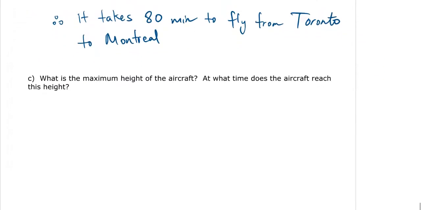Part C, what is the maximum height of the aircraft? At what time does the aircraft reach this height? So the maximum height is at the vertex. That vertex point is 40 and 4,000. 40 represents the time and 4,000 represents the height. So that's my vertex point.